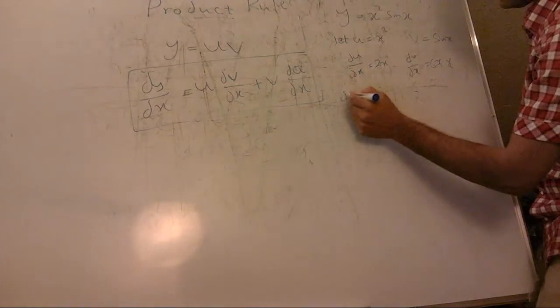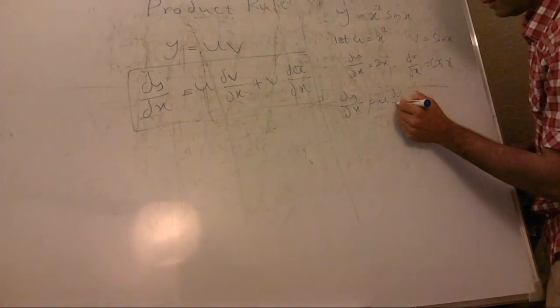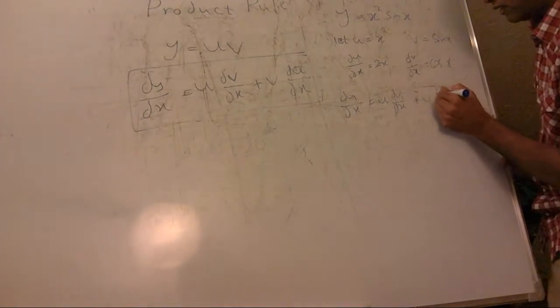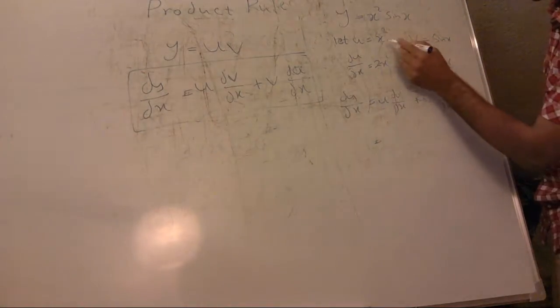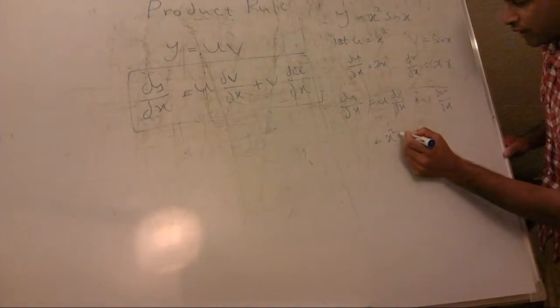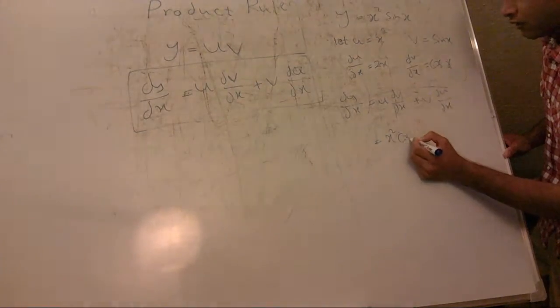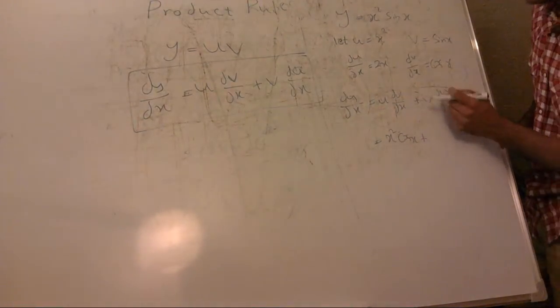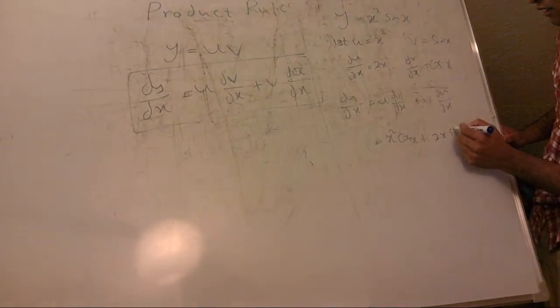So now let's use the formula. dy/dx is equal to u dv/dx plus v du/dx. I just write that down so that I don't go wrong with the substitution. So u is x squared, and dv/dx is cos x, so x squared cos x plus v du/dx, so that means 2x sine x.